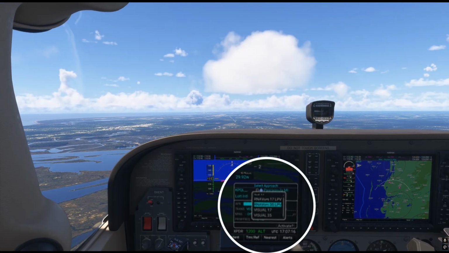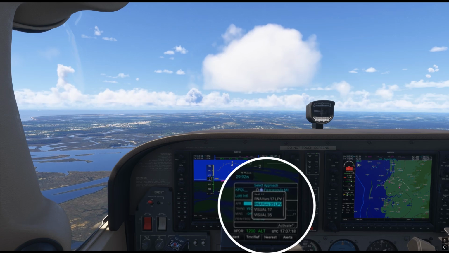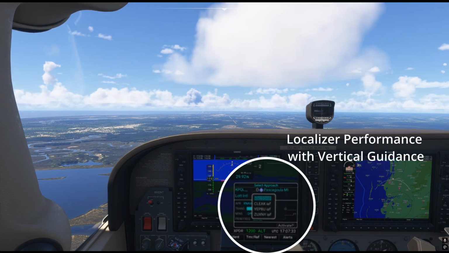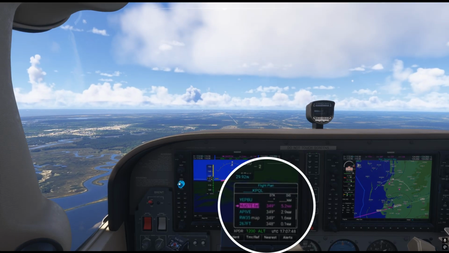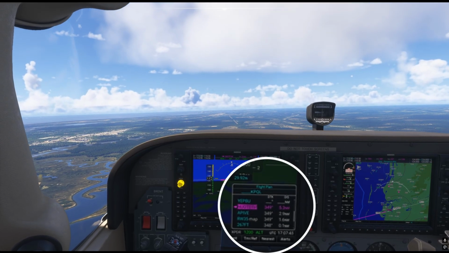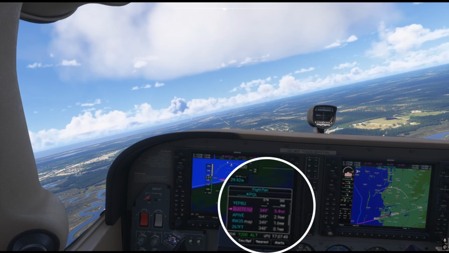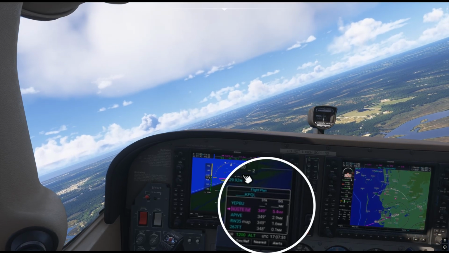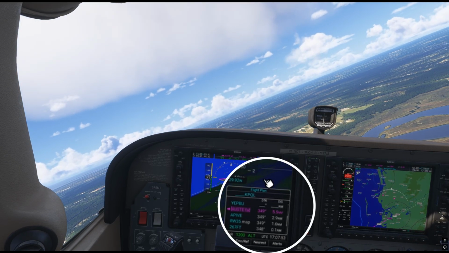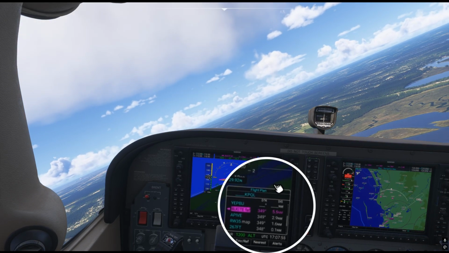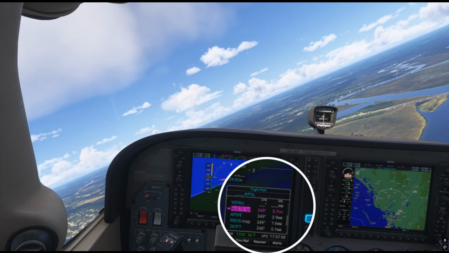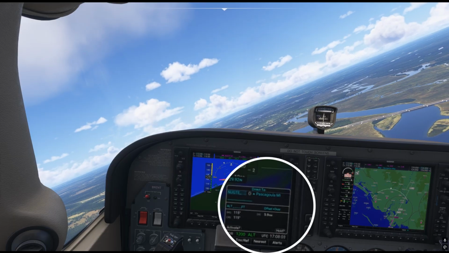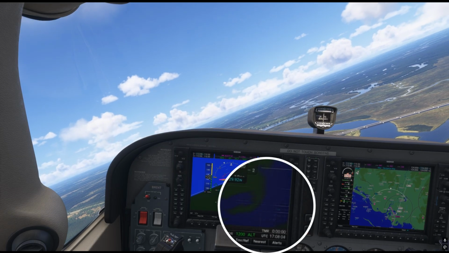Okay, RNAV 3.5 LPV. I did vectors, no minimums, and I activated. I will point myself to where I was again. Then I activated vectors to final. Well, I did a direct to NUGT. Activated.